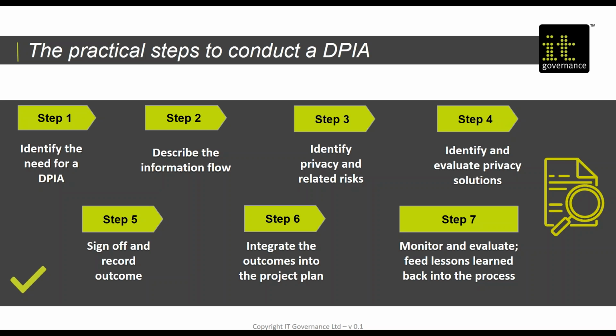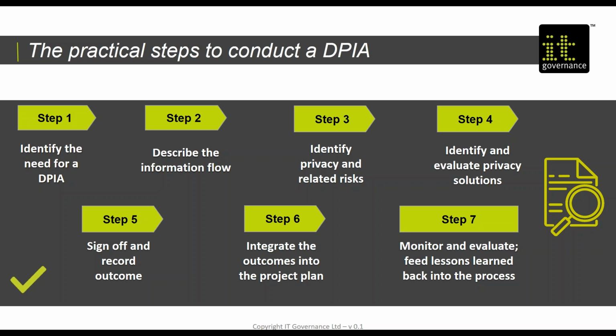From there, you can start working on what appropriate privacy solutions might be. And the privacy solutions might be changes to the software program, might be changes to authentication mechanisms or to passwording, might be addition of management systems. Got to be appropriate to the level of the risk. So identify and evaluate the privacy solutions.